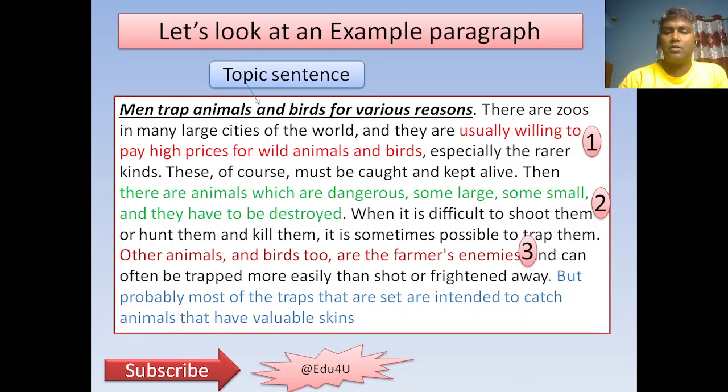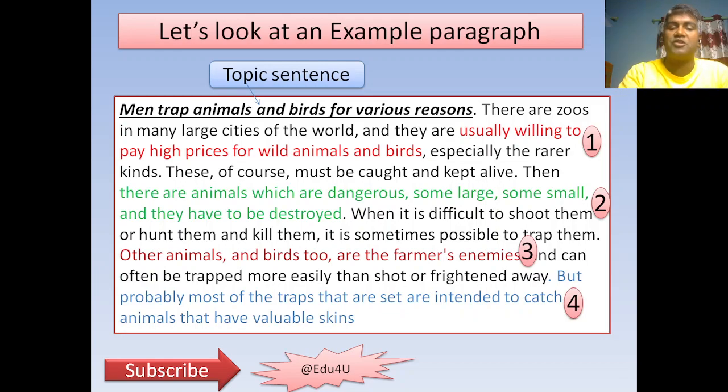And finally, we have the third reason. There are some other animals and birds too, which are farmers' enemies, and they also must be trapped. And the last reason is the concluding sentence: but most probably most of the traps are set to catch animals that have valuable skins.